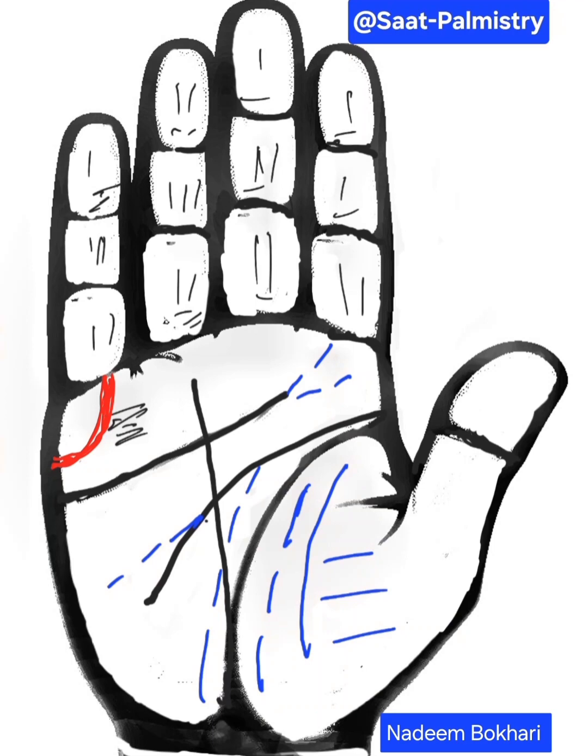So the trend of the marriage line, if it goes upward, then the person who has it feels that he or she needs to be more independent and does not want to bear any binding responsibilities, such as having a spouse, or errands of home, responsibilities of home, and then after that the responsibilities of children.